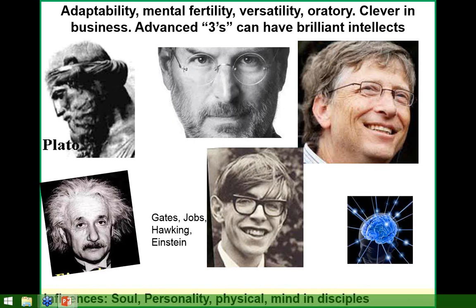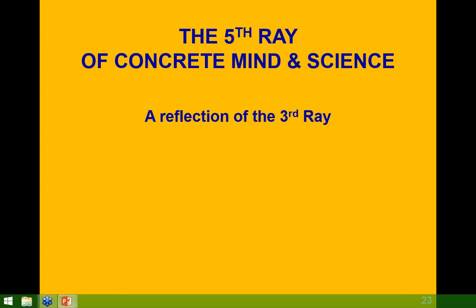So the next two slides, I think it is, Astrid, will take us to where the symbols are. And so the fifth ray, if we remember, is a reflection of the third ray, which is the mind ray expanded. When you come down to the fifth ray, it's a much more narrow expression of the great mind energy.